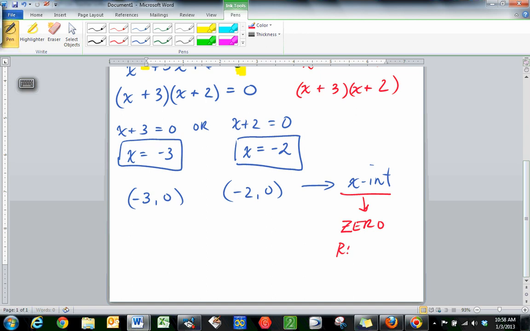It could also be called the root of a function. So if you see in the directions to find the 0 of the quadratic function, or if it asks you to find the roots of the function, then in essence what you're doing is finding the place where it's crossing the x-axis and getting the x-intercept. So all of these terminologies are synonymous.